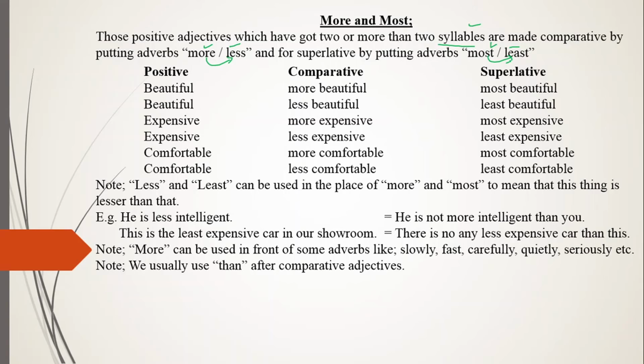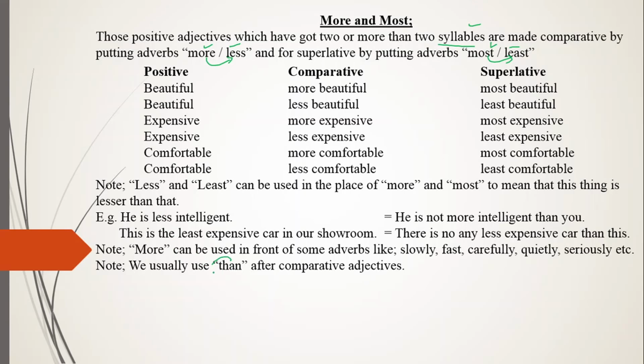Next note we have got, that is more can be used in front of some adverbs like slowly, fast, carefully. You need to drive more carefully. So this is what you can use them with these adverbs like slowly, fast, carefully, quietly and seriously, etc. And one another note, we usually use than after comparative adjectives.